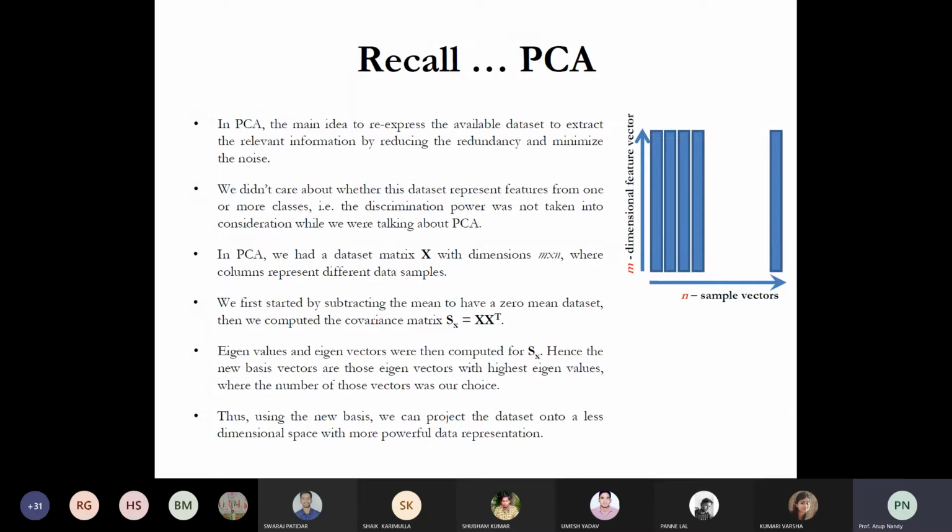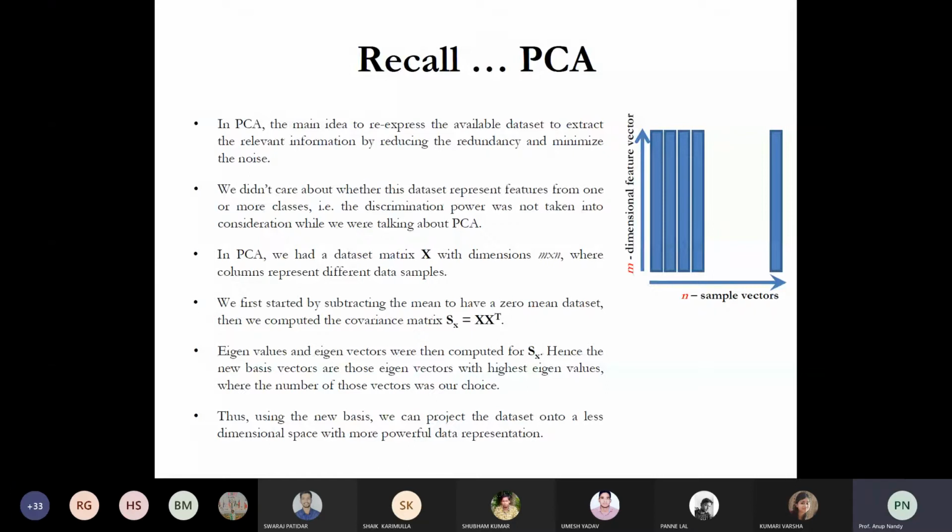Also, the PCA component axis maximizes the variance, while LDA maximizes the component axis for class separability. So what you are seeing here is the principal component. These are the processes that we have already seen in the last classes, how to find the eigenvalues and eigenvectors from the code.